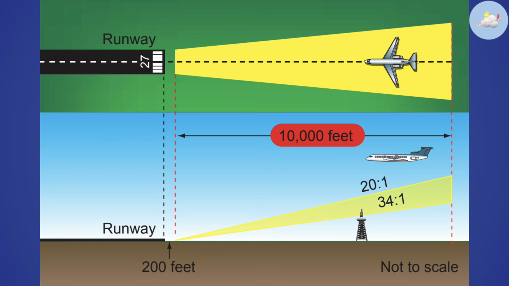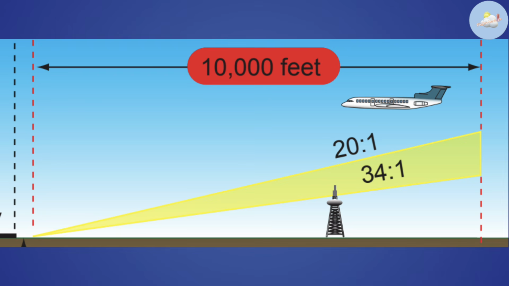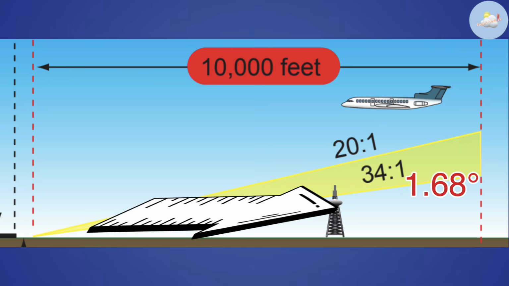The first one is a pretty shallow slope of 34:1. So for clarity, that means for every 34 feet you go out horizontally, you go up 1 foot. And this ends up being a very shallow angle of about 1.68 degrees.